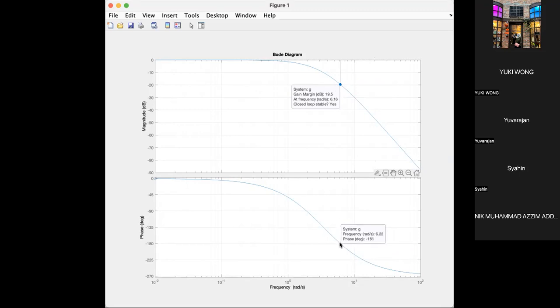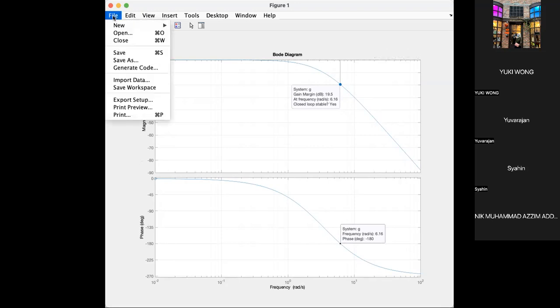Okay, it's about here. 6.16 is where the phase curve cuts at minus 180 degrees. So when the phase curve cuts at minus 180 degrees, it will give you the gain margin.